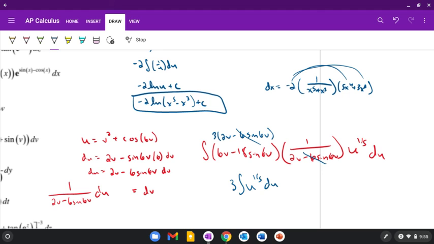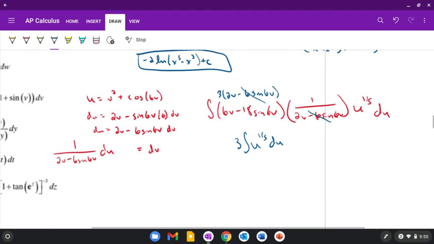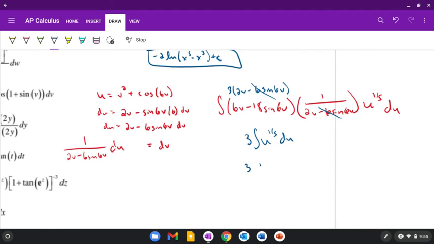That's an easy integral. We add 1 and divide. So it becomes 3 times u to the 6/5 divided by 6/5 plus c. For that, we flip it and multiply. So that becomes 15/6 times u to the 6/5 plus c.